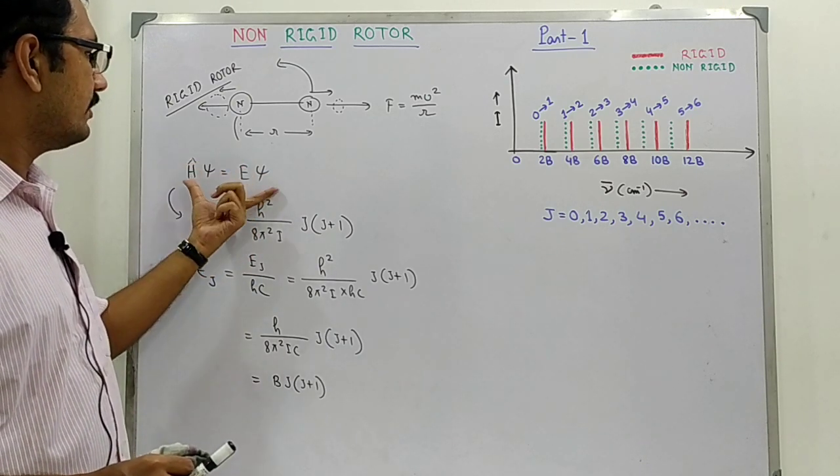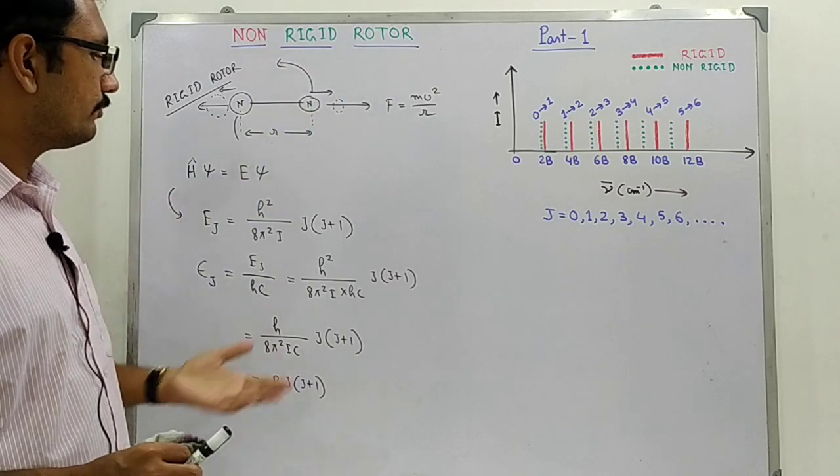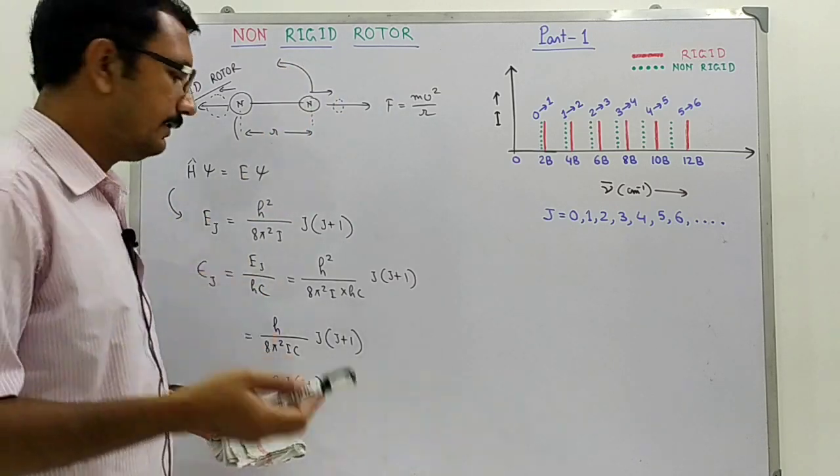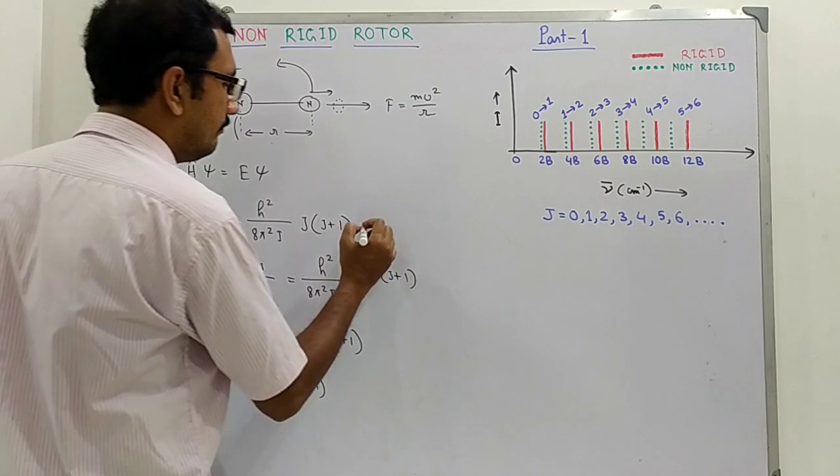We have to set up the Schrodinger equation for the non-rigid rotor and then solve it, and after solving that we get this expression.